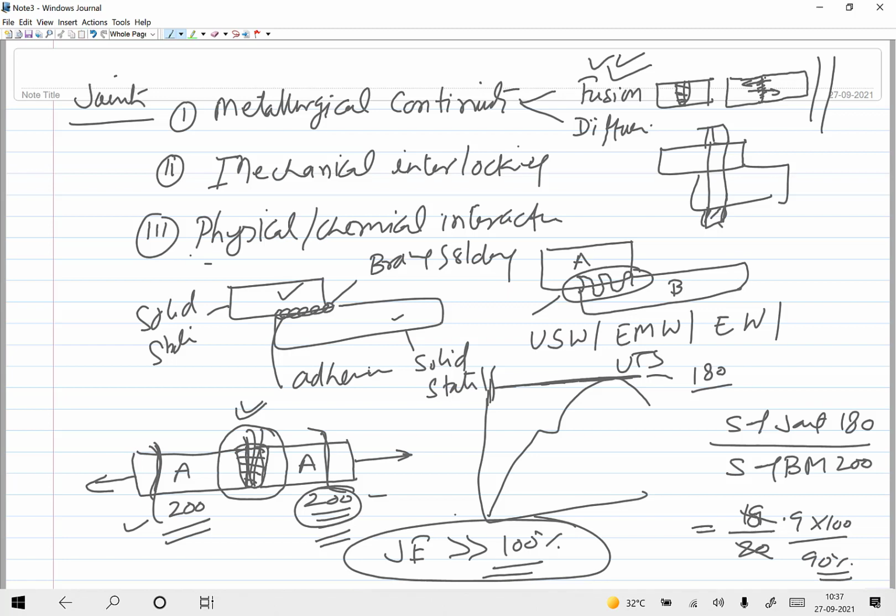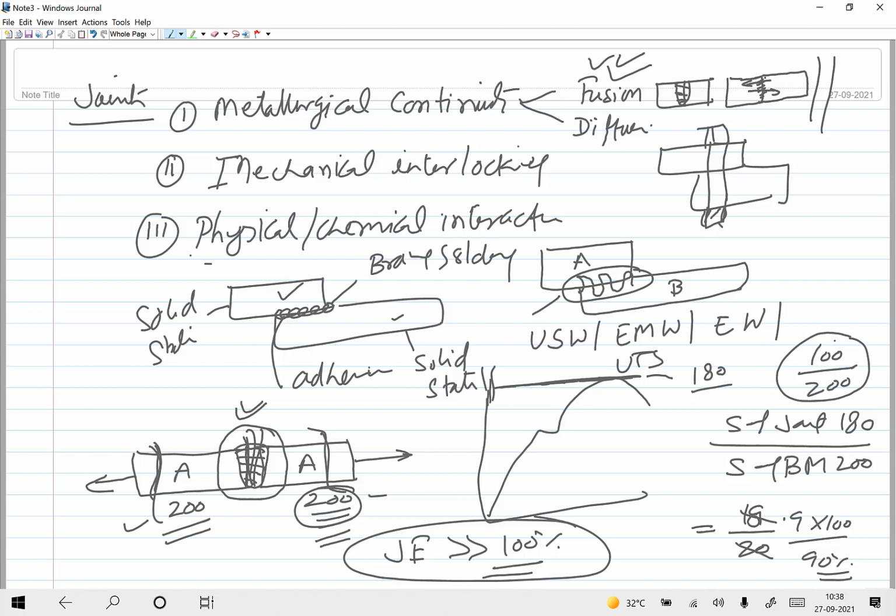But there are a number of cases where there are defects, discontinuities, or weak porosity, and then certainly the weld will be weaker and the joint efficiency may be 50% or 60%. A 50% joint efficiency means your weld will take just 100 MPa stress, compared to a base metal of 200 MPa strength. These are the regions you have to explore.